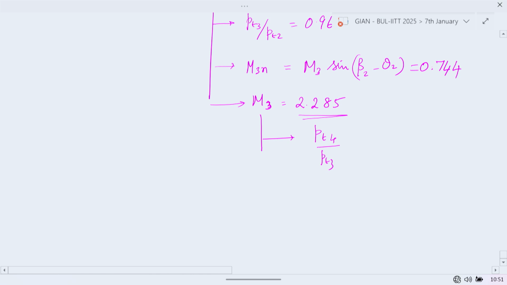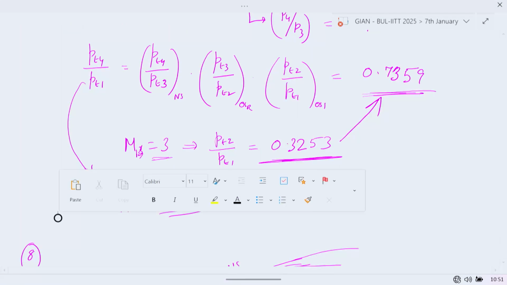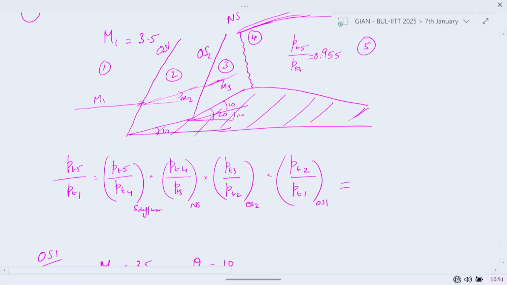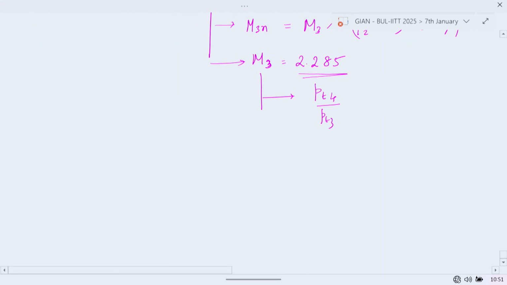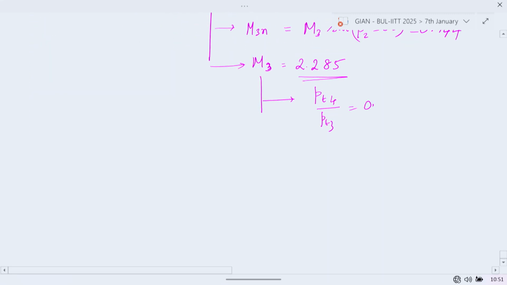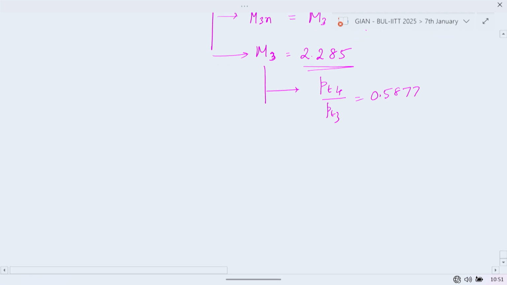So for this M3, what is PT4 by PT3? 0.587. And what is M4?